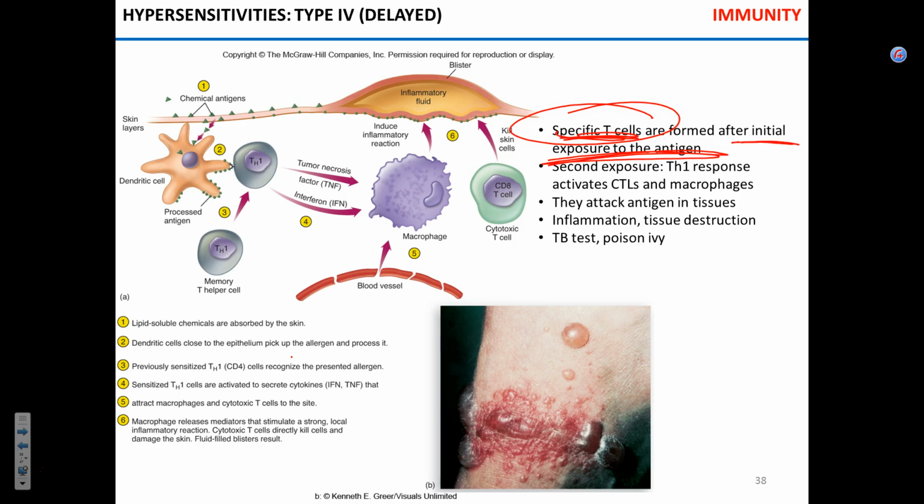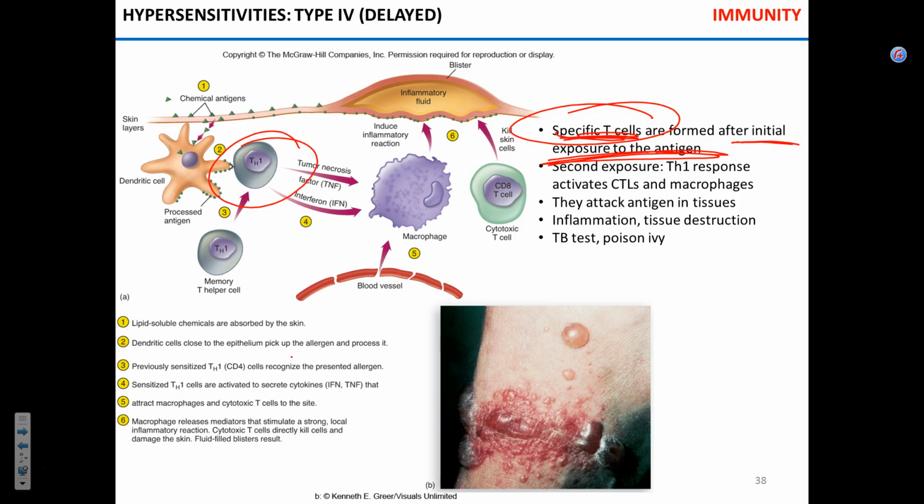So then you come to the doctor, and the doctor will take a needle and inject an antigen, so-called tuberculin, inside your skin. Dendritic cells in your skin, so-called Langerhans cells, will phagocytose the antigen and present it to CD4 cells that will differentiate into helper cells.